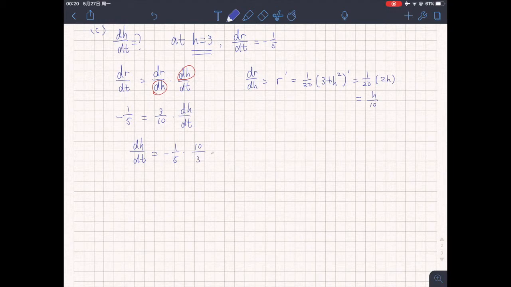So dh over dt is negative 1/5 times 10 over 3, and finally we get negative 2/3 inch per second, and that's our problem C.